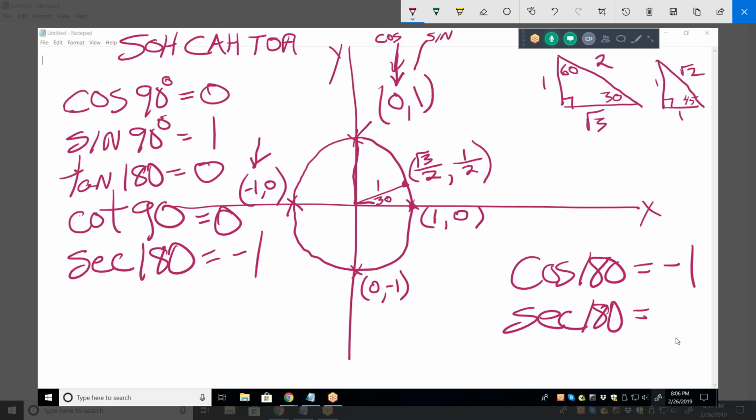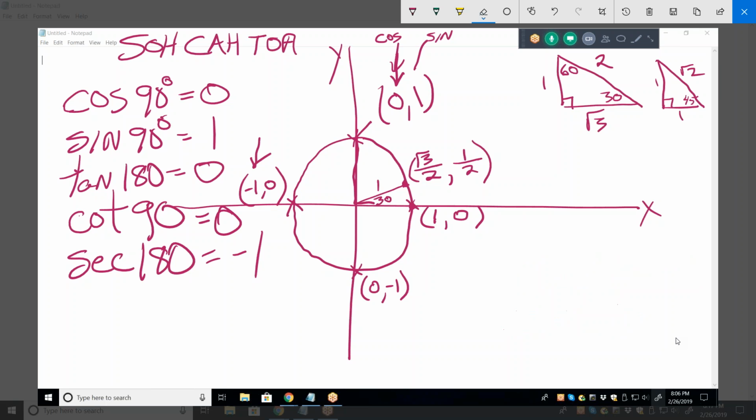What's the next one they want? CSC 270 degrees. That's pronounced cosecant. Notice that each one of your trig functions has a cofunction. What you do is you take the trig function and you stick CO in front of it. So that's how you go from sine to cosine.